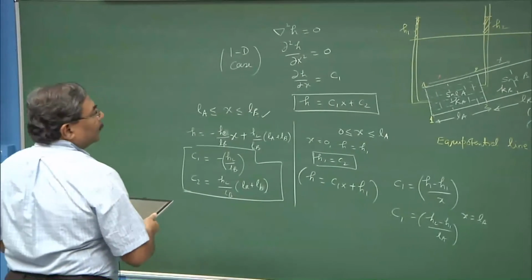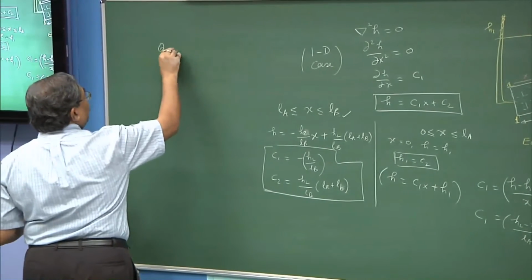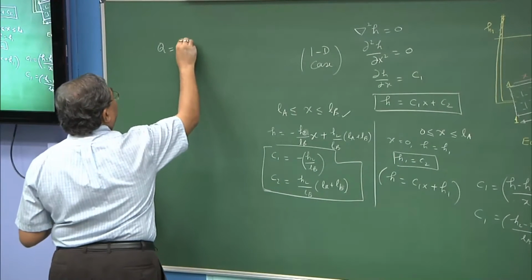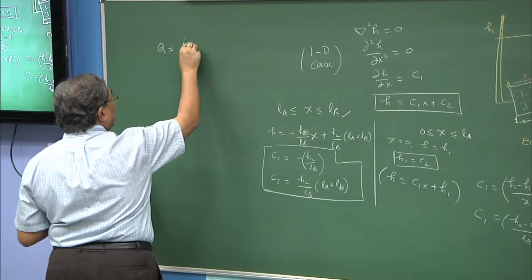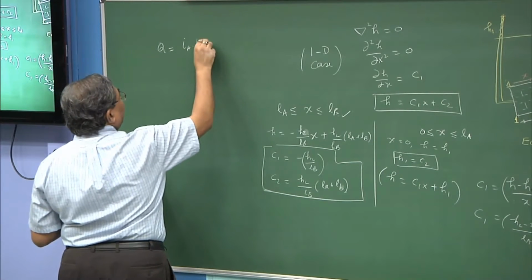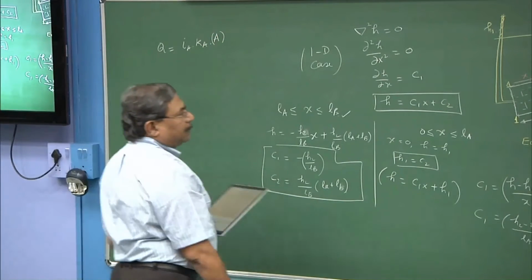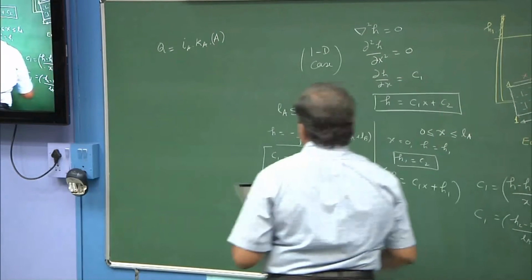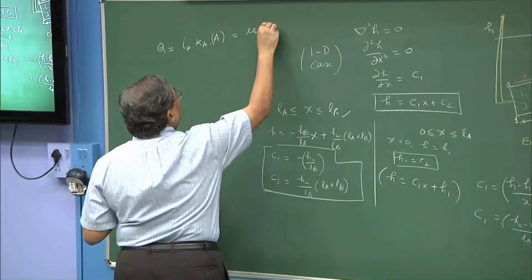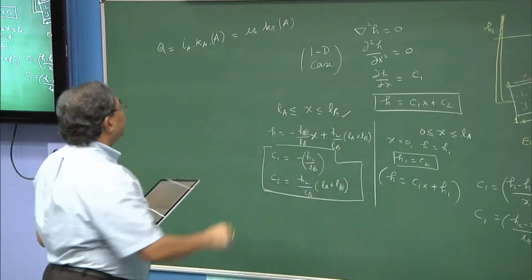Now, another thing which I would like to do is find out the discharge which is taking place through the system. So, the Q value will be equal to I in, let us say, soil A multiplied by KA into area of cross section. Area of cross section in this case remains the same for the sample. So, this is equal to IB multiplied by KB into A. A can be eliminated.